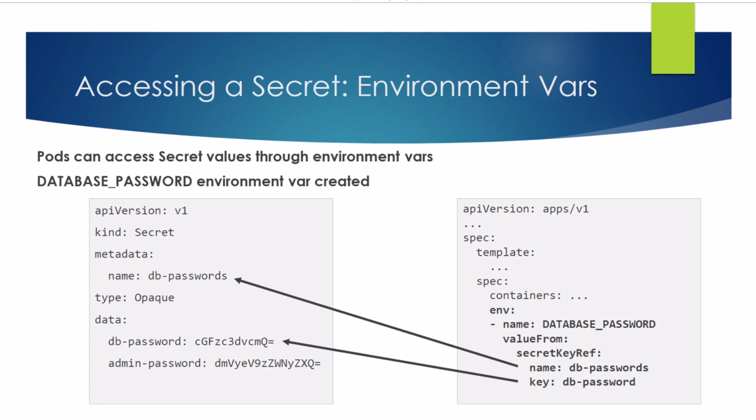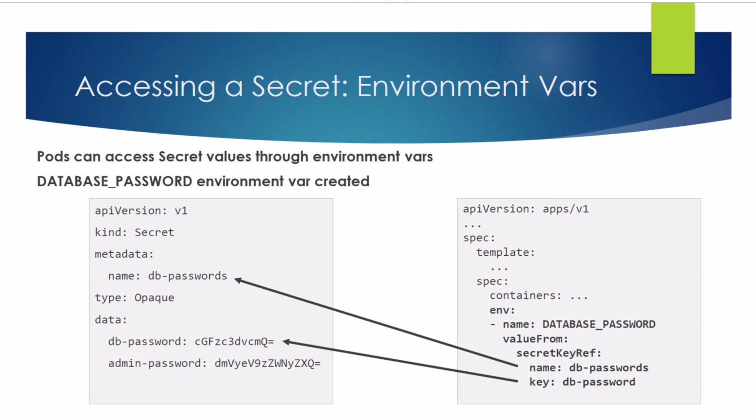Now when it comes to accessing secrets from a pod, you can access them as environment variables. Then we could do something very similar to what we saw with config maps. Over on the left you will notice we have in the data section a DB password and admin password that would have been stored in the Kubernetes secrets area, and let's say we would like to create an environment variable called database password.